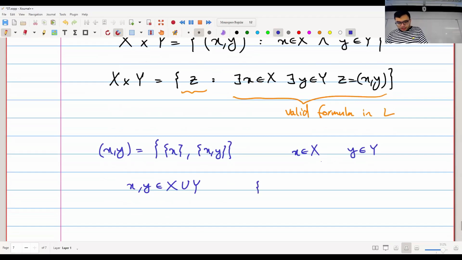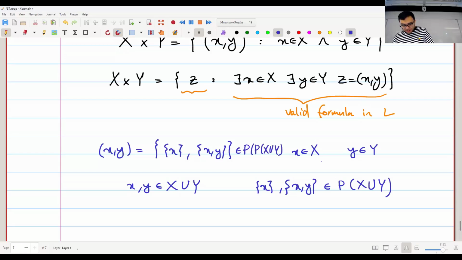This means that the set that contains only small x and the set that contains x and y are both in the power set of the union of big X and big Y, right? Because these two elements are in X union Y, so this set is in the power set of X union Y. This one is also in the power set of X union Y. So this one is in the power set of the power set of X union Y.